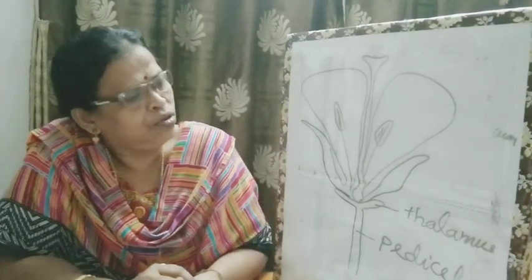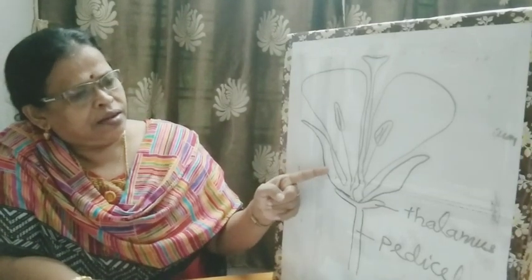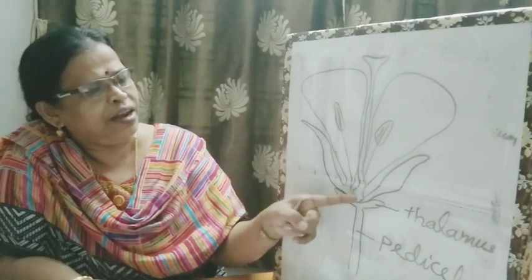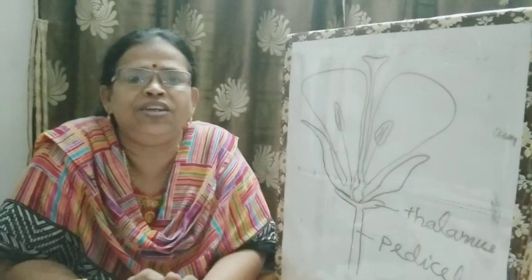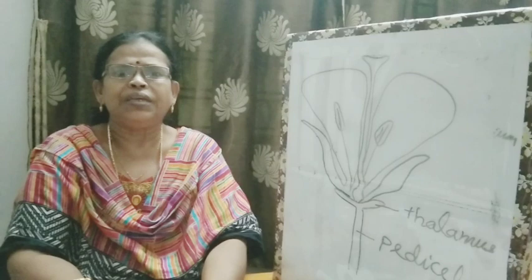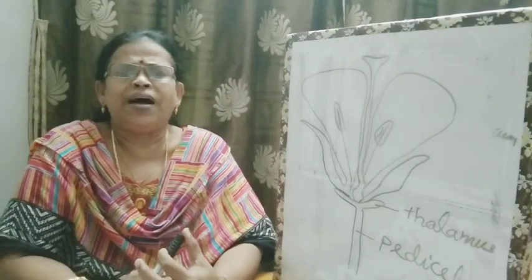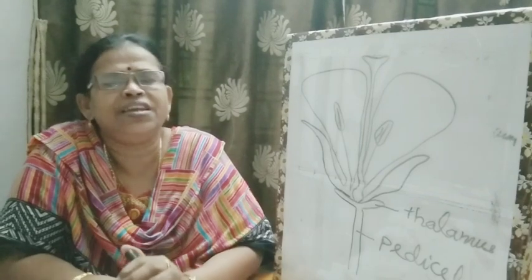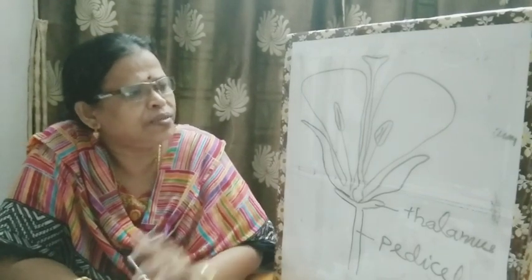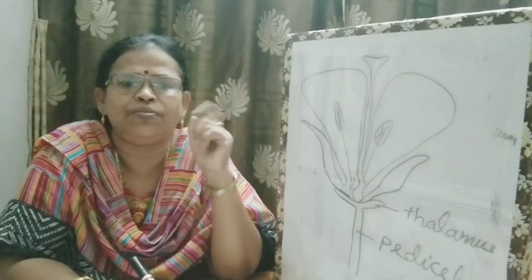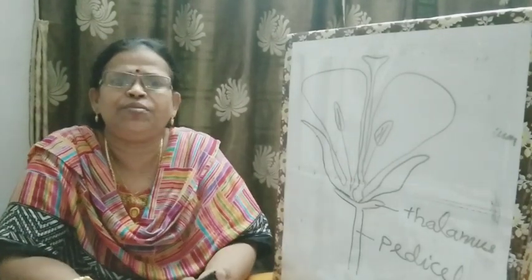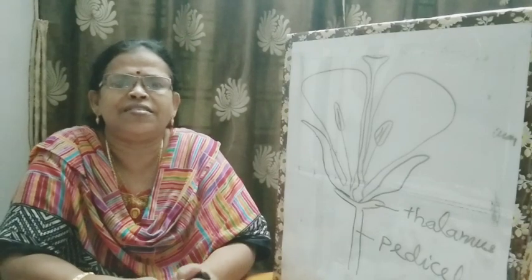Now let's go through sepal, petal, stamen, gynoecium. Gynoecium here is carpel. The essential parts are directly concerned with reproduction. Which are the essential parts? Androecium and gynoecium, that is stamen and pistil or carpel. Androecium consists of stamens.